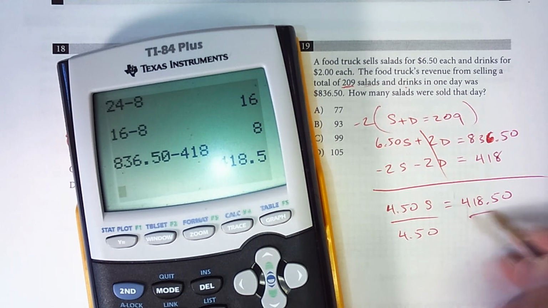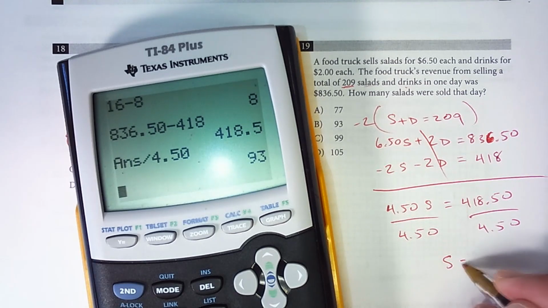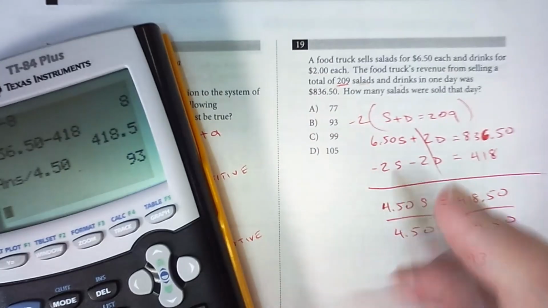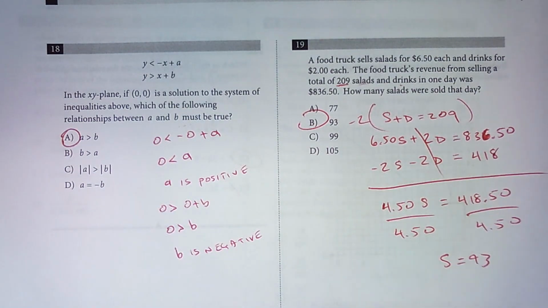And I can divide by 4.50. And I get 93. There were 93 salads sold on that day.